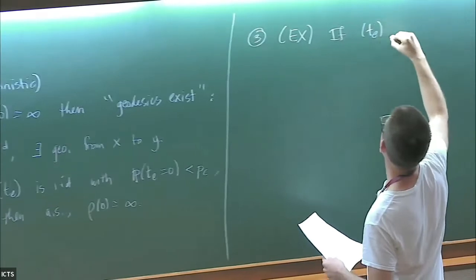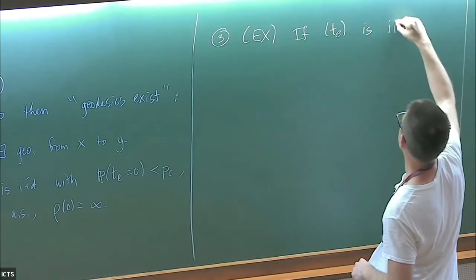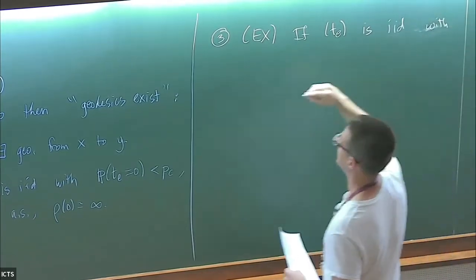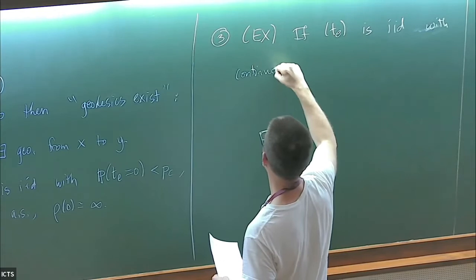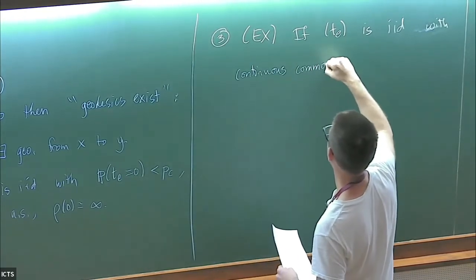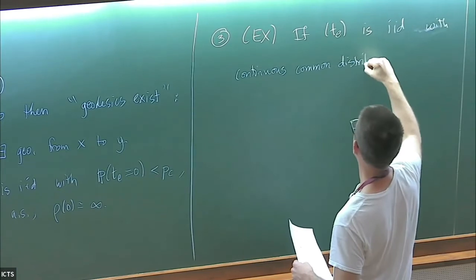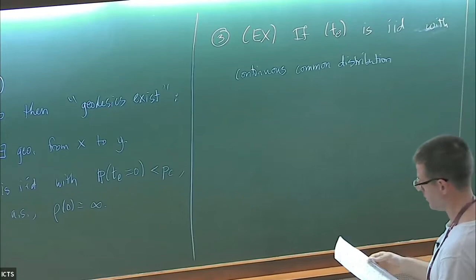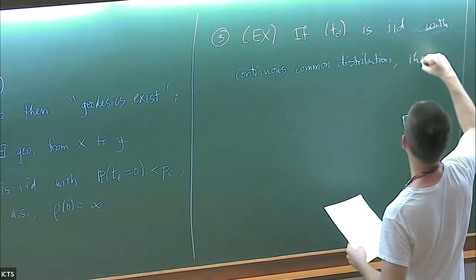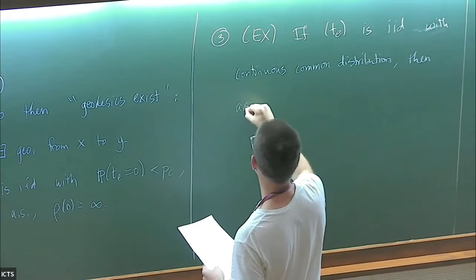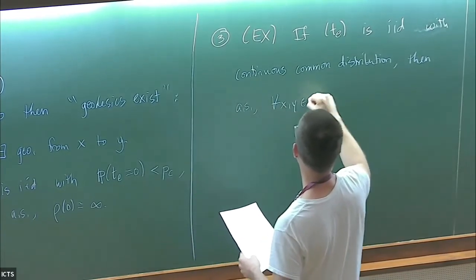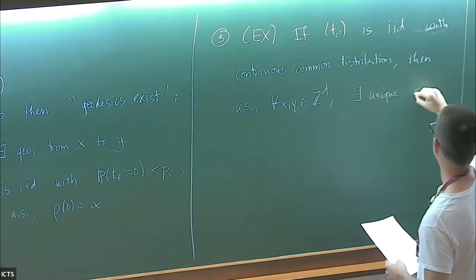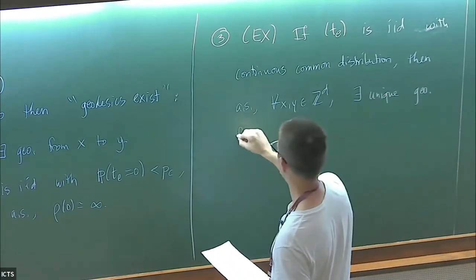If the collection of T_e is IID with continuous common distribution, that is, you look at the marginal of one of them and it's continuous, then almost surely for every x, y in Z^d, there exists a unique geodesic from x to y.